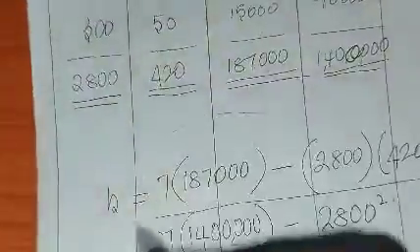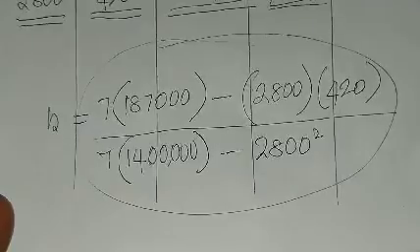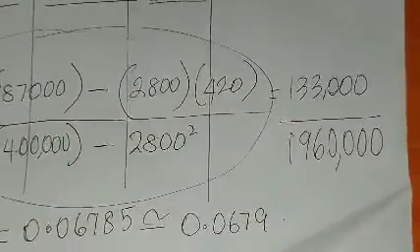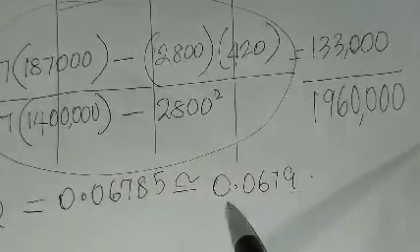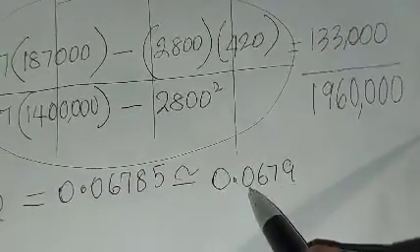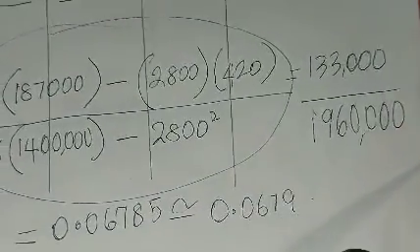Let us use our calculator, and at the end of the day you are going to have the value of b, which is 0.00678.